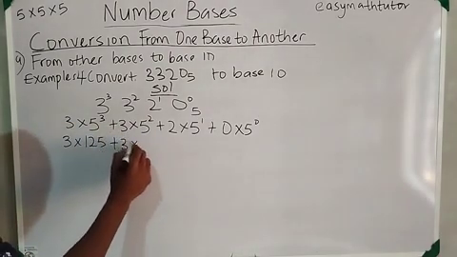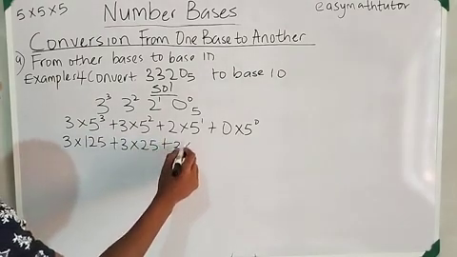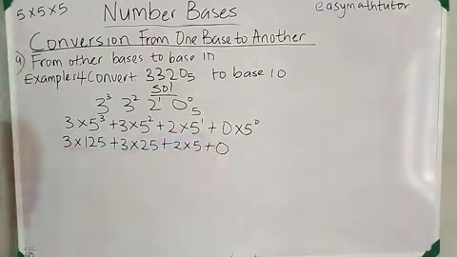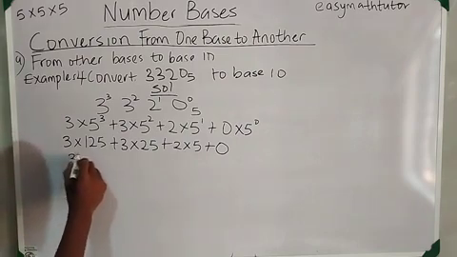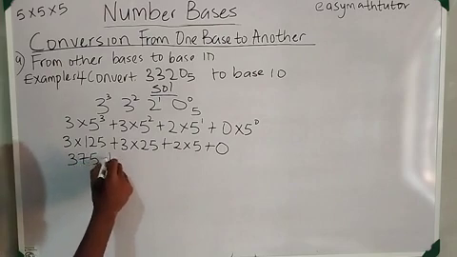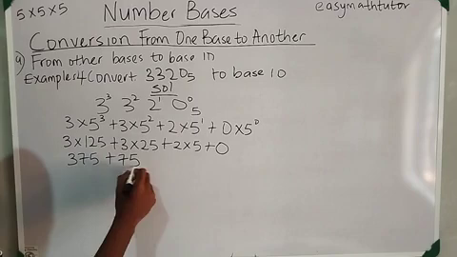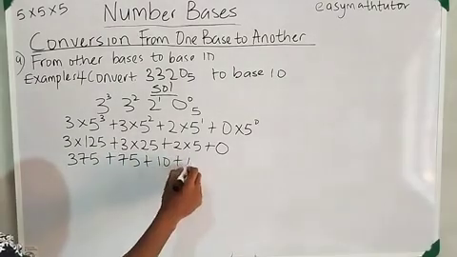So we are going to have 3 times 25 plus 2 times 5 plus everything here would be 0. So 3 times 125 gives me 375 plus 3 times 25 gives me 75 plus 2 times 5 gives me 10 plus 0.